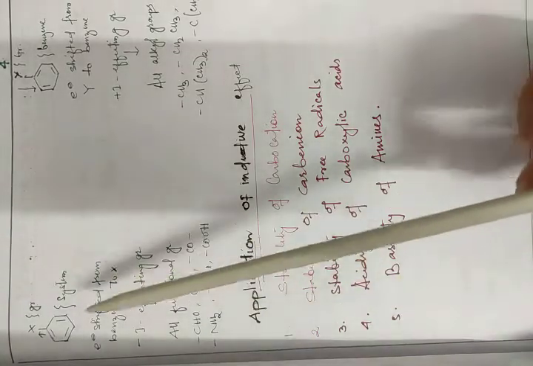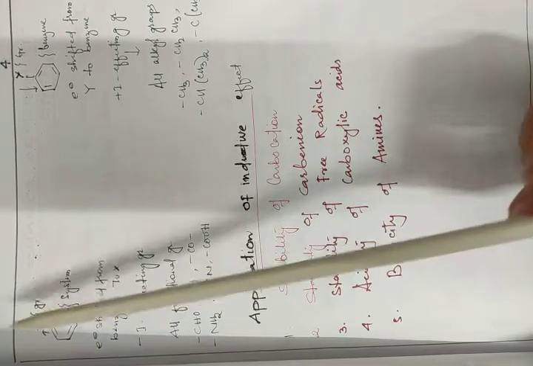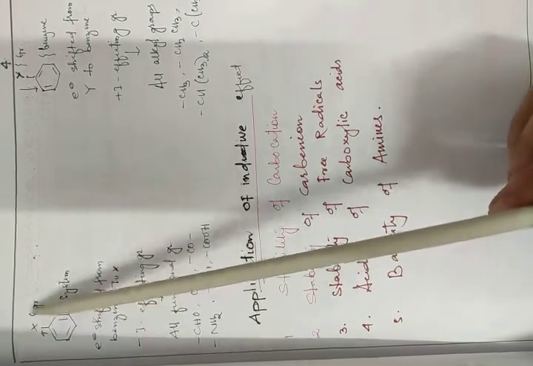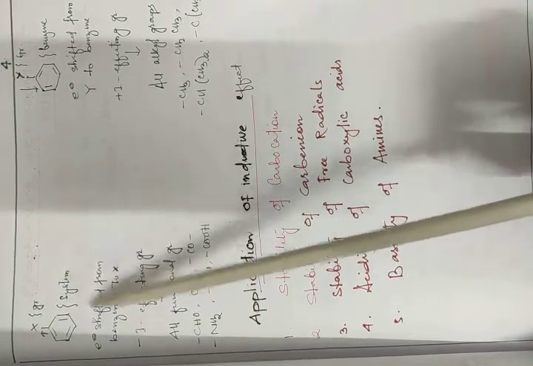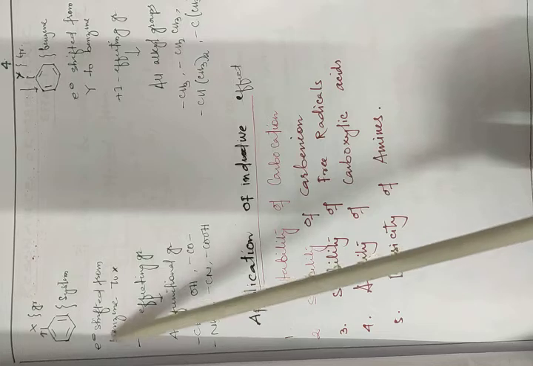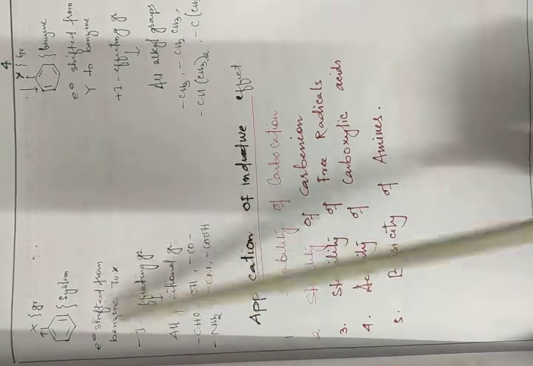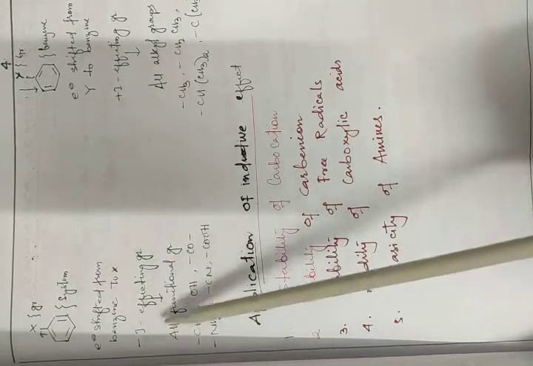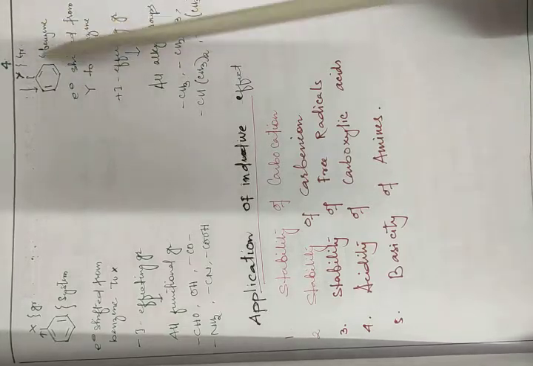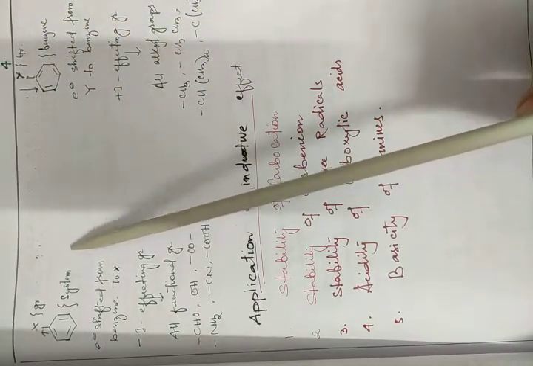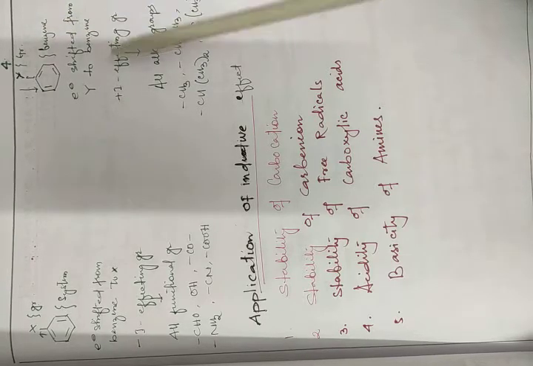Now here this is an aromatic one. So this aromatic, that means this one is benzene. In benzene, a halide group is attached. So this X is the group, and this benzene is the system. Now we have to shift the electron from benzene to X, so benzene to X is the minus I effect group. And here, another one: this one is a minus I effect, and this one is a plus I effect group.